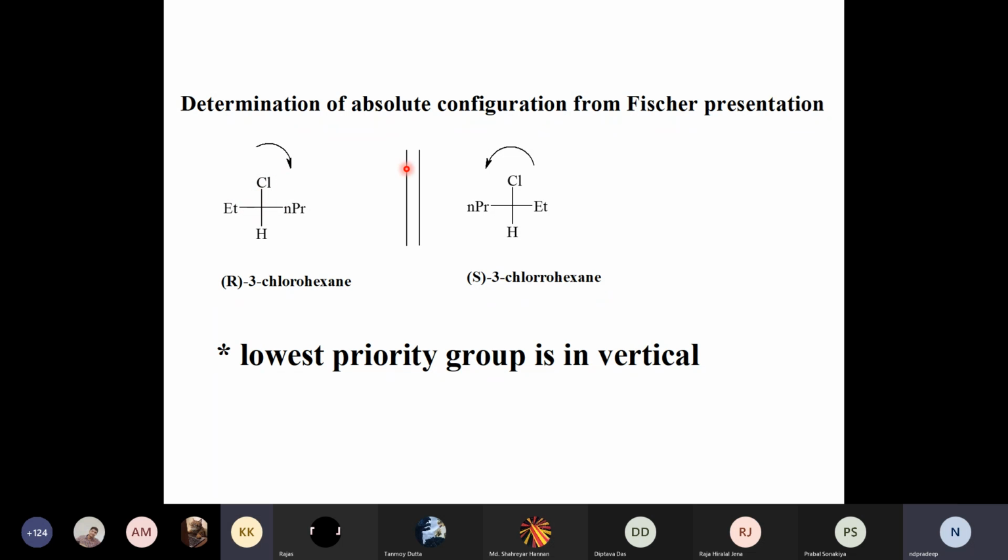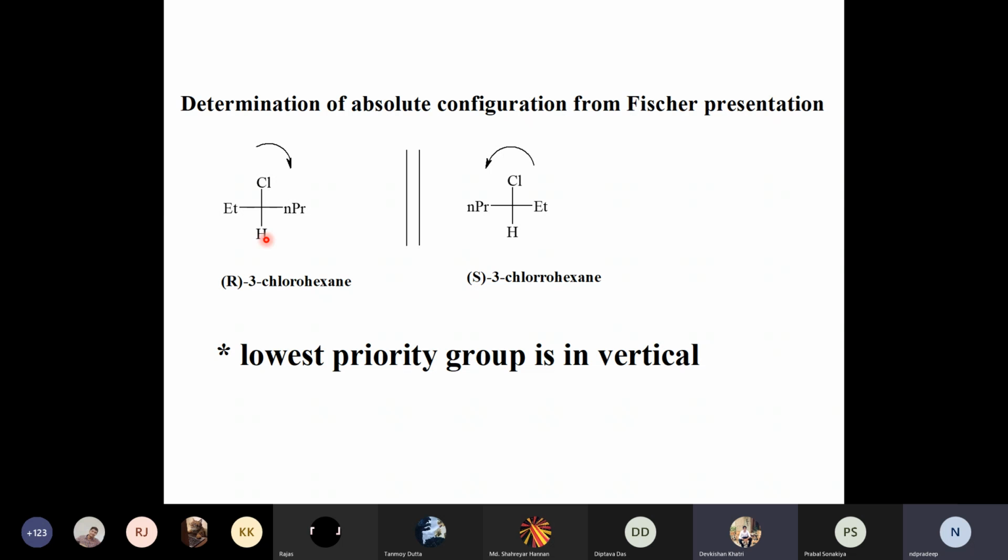Chlorine 1, propyl 2, ethyl 3. Then what is the direction? Clockwise, so it is R. And the main thing to note here is where the hydrogen is. Hydrogen is vertical, the lowest priority.